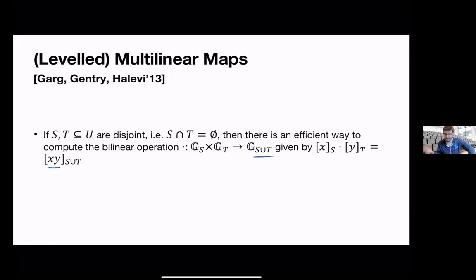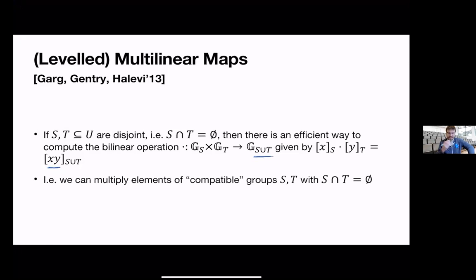And it does the expected thing. If I take a group element encoding x and one encoding y, I get the group element encoding x times y in this target group G_{S union T}. That is, this bilinear operation allows us to multiply elements in compatible groups.